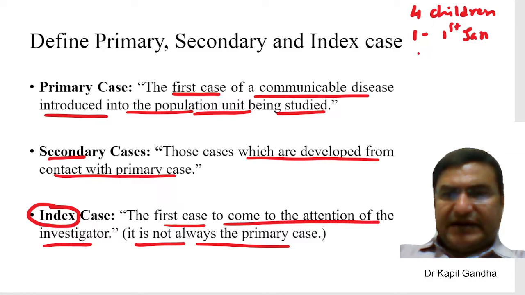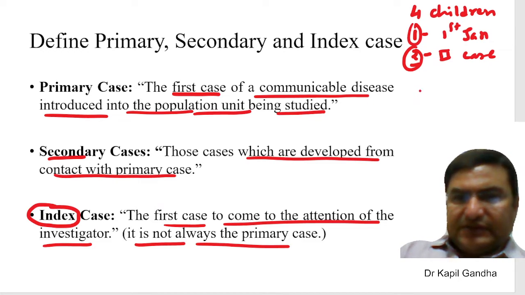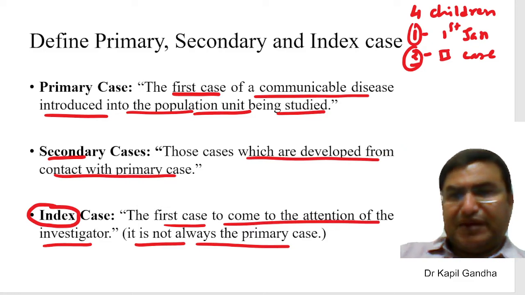Later, after 7 days, two more cases are seen in this particular household. So these two are considered secondary cases. This one is the primary case, and these two cases are the secondary cases. The case which comes to the attention of the investigator is considered the index case. It may be the first case, the second case, or the third case.